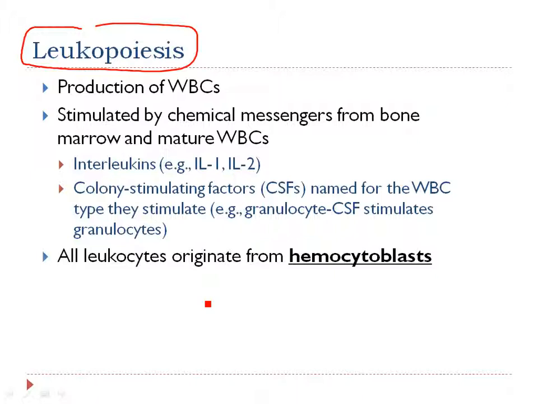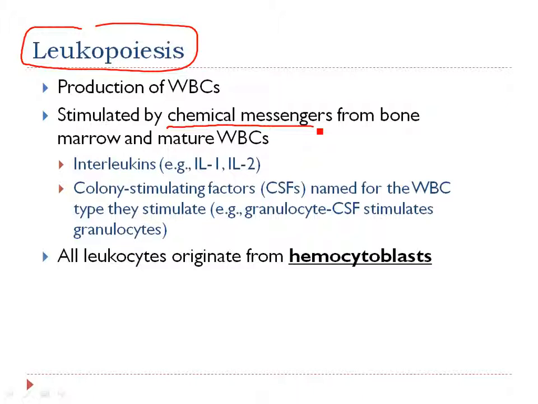Well, how does your bone marrow know how to do that? We're not going to go into all of the details of how that happens, but basically there are chemical messengers. Most of these are special types of proteins that are produced by your body, and they function kind of like hormones of your immune system. So if you have an infection taking place somewhere in your body, the cells that are already present at that site will release certain chemical messengers depending on the needs, the requirements.